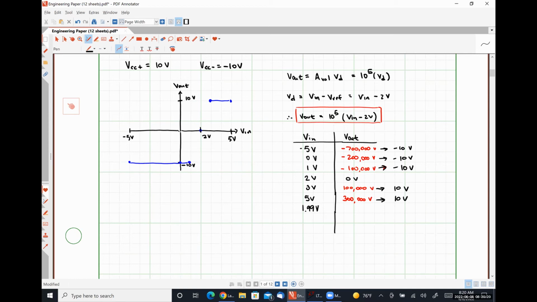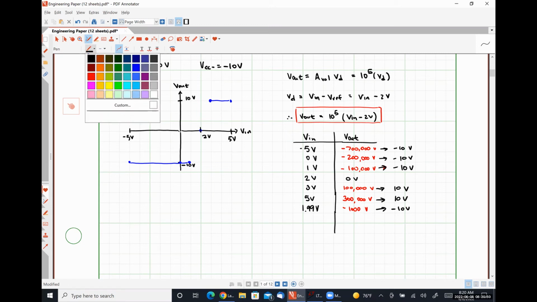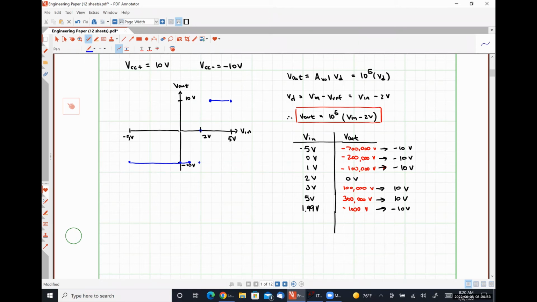When we multiply that by a factor of 10 to the 5, we wind up getting a voltage of negative 1,000. So it's much smaller than what we had been seeing, but it's still significantly more negative than VCC minus. So this is still going to look like negative 10 volts. So at a point very, very close to our reference voltage, we're still saturated at VCC minus.